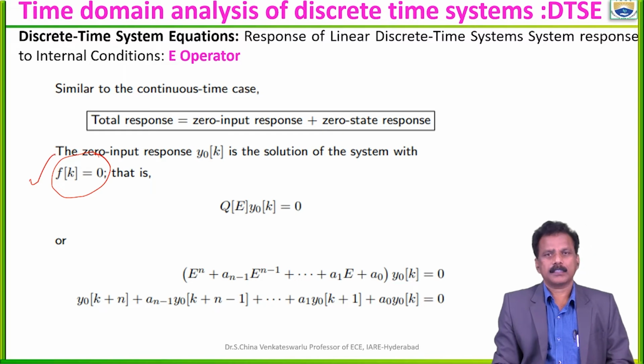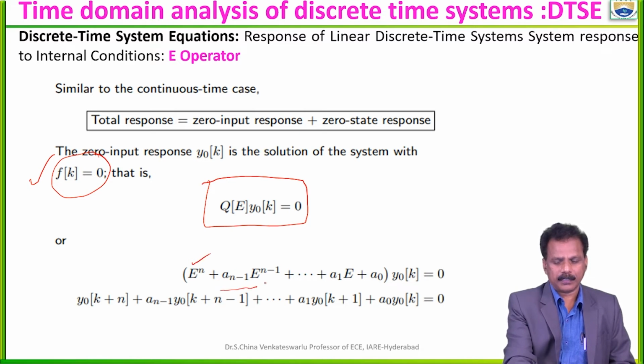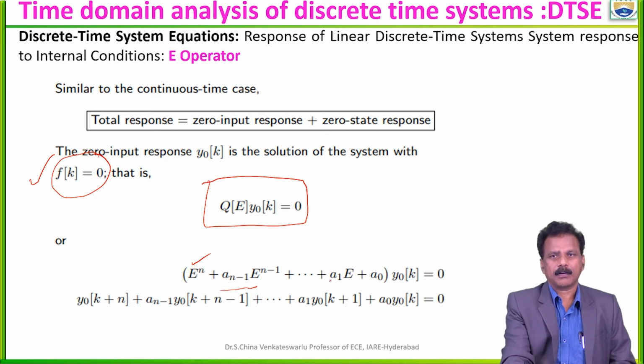That is Q of E into y0 of k is equal to 0, or you can consider (E^n + a_{n-1} E^{n-1} + and so on + a1 E + a0) applied to y0 of k is equal to 0.